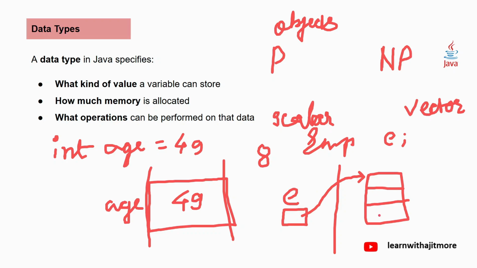And you can see they have multiple values. No? They are not a single value. ID, name, salary. So they have a group of three values. Therefore, non-primitive is also called a group type or multi-value type. Primitives are always called elementary type. Why? Because only a single value is held.